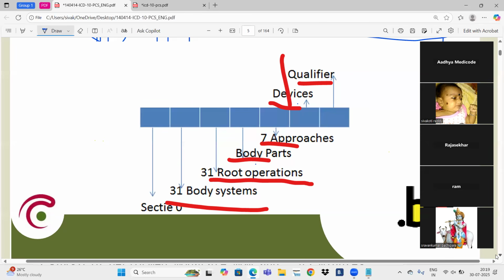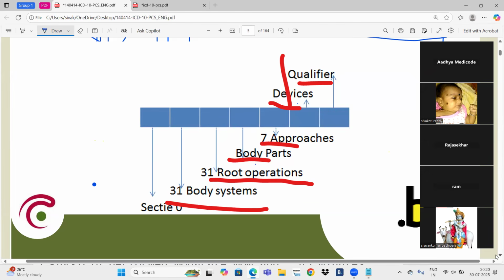Here remember, we have some fixed values in the 7 characters. Clear?